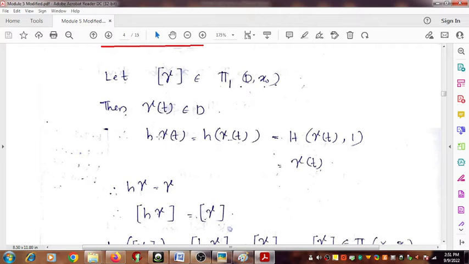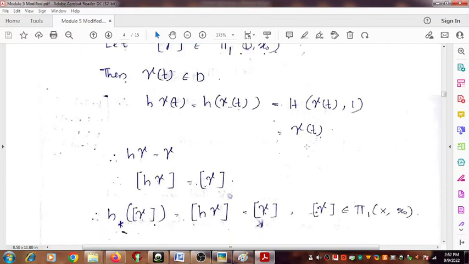Then think about H of γ(t). Since γ(t) is entirely in D, the effect of H will be nothing; it will be kept as a constant. When you apply small h, you can convert it into the capital H, capital H of γ(t), 1, that's equal to γ(t).